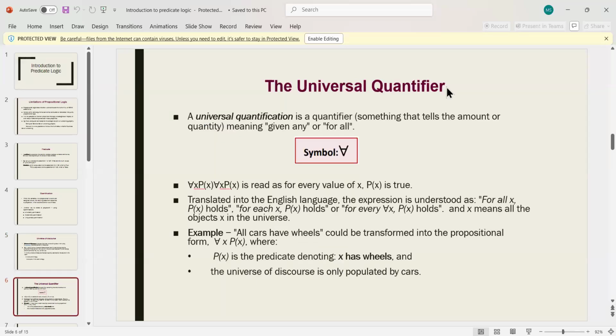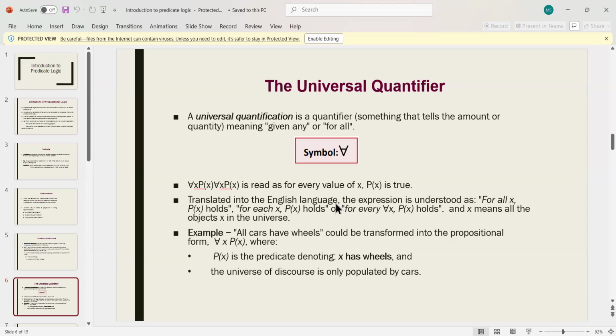Now normally universal quantifier means you put A upside down. A universal quantification is a quantifier, something that tells us the amount or quantity, meaning given by or for all. Now, if you are talking about all, we can put A upside down. That means you can say for all x, p of x. For all x, p of x is read as for every value of x, p of x is true.